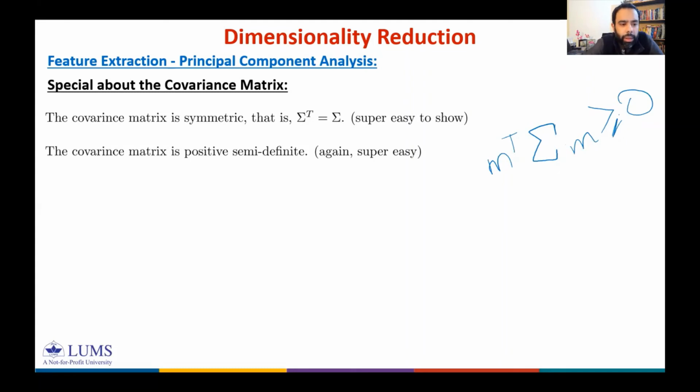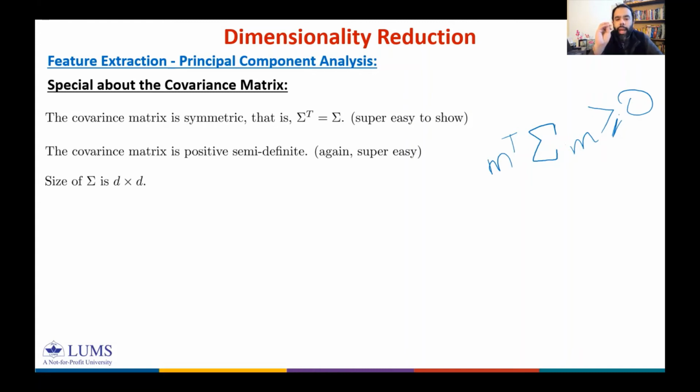So this is an extension of the same concept for matrices. You don't need to know this, but it is good to know. The size of sigma is D cross D, as discussed earlier. This is something special about the covariance matrix.